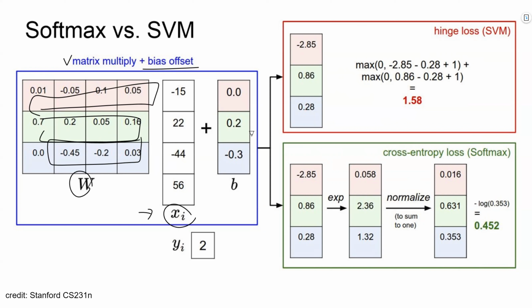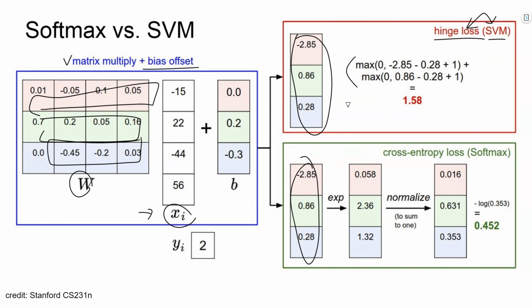And then we sum all these numbers and we get these 4 vectors. And hinge loss or SVM loss, we can calculate right away from this score vector.